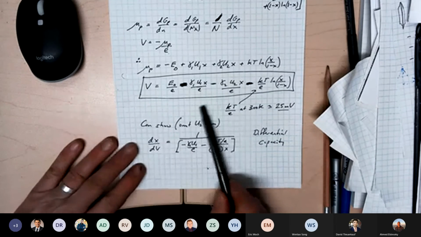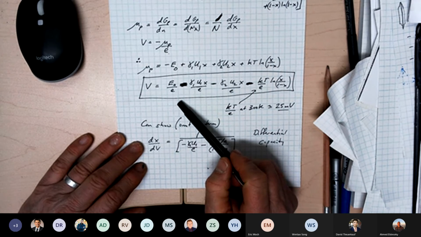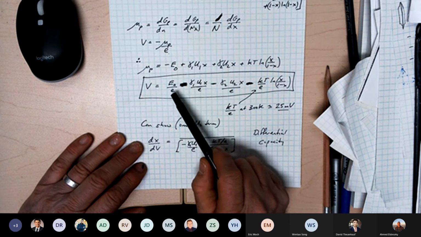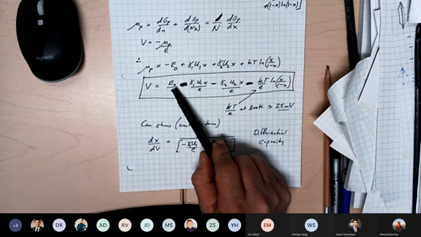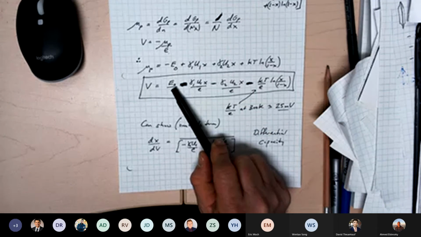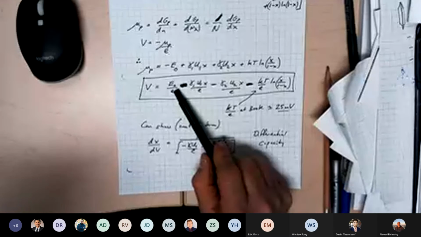Let me go back to this. Okay, so they're all going to be different, and the reason is that this E0 is very different from one material to the next. Let's talk about it. Imagine you put lithium into graphite. That's going to be one thing we're going to talk about. And now imagine you put lithium into titanium sulfide.